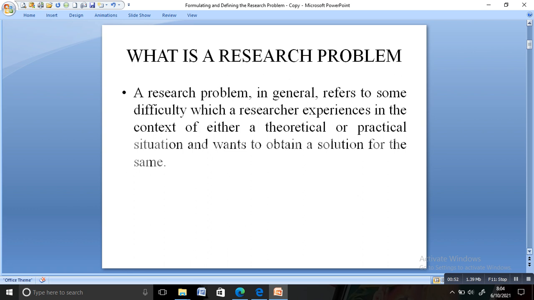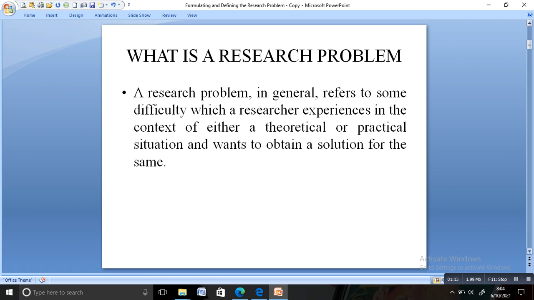That is the research problem. You are facing a difficulty in a theoretical or practical situation and you want to obtain a solution for the same. That is the research problem.